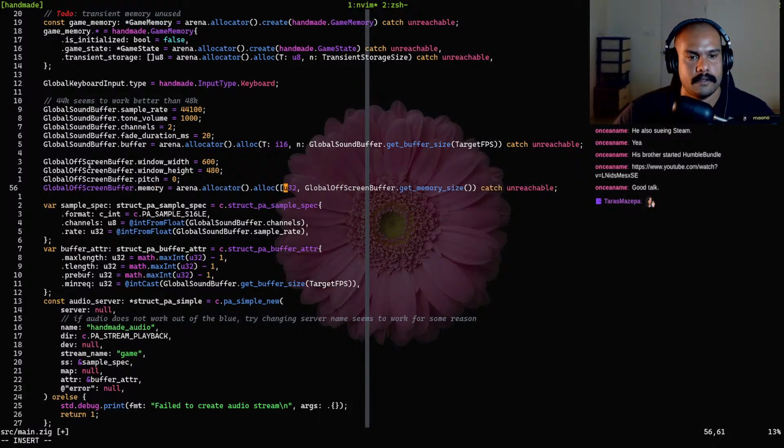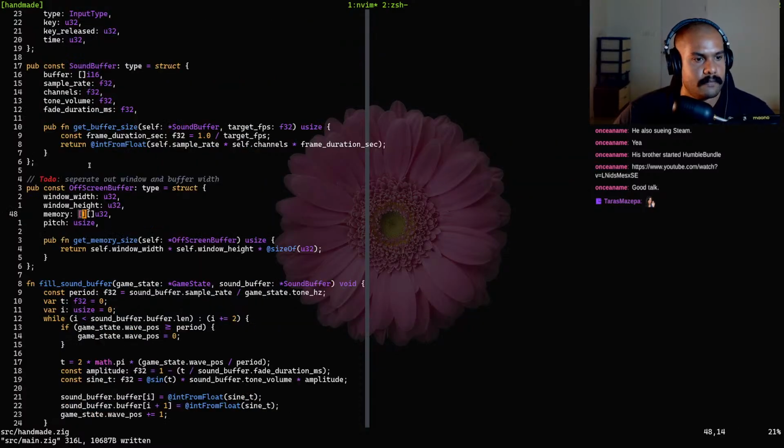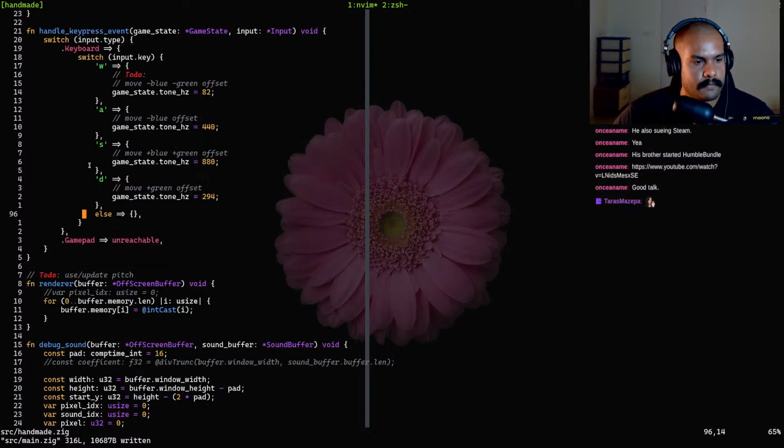This should be slice of U32. Then the renderer.